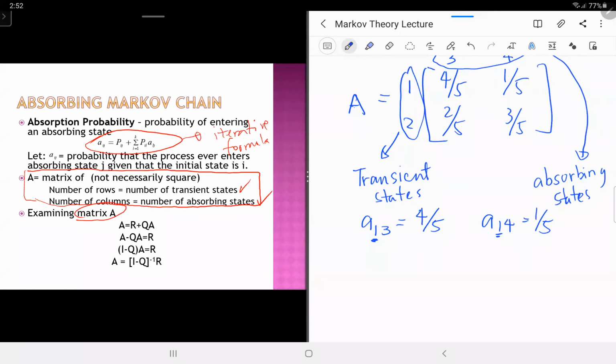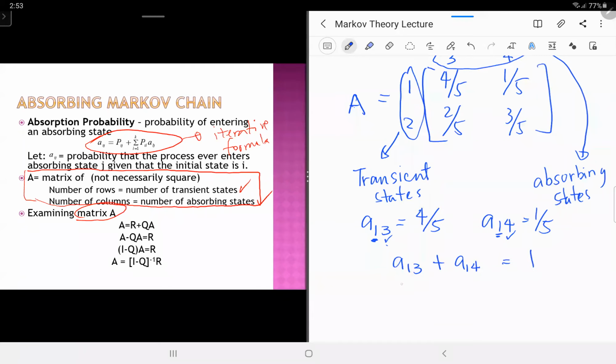It's either you get absorbed in absorbing state 3, or you get absorbed in absorbing state 4. Therefore, since there are only two possibilities, the sum of the probabilities should be equal to 1. So everything that comes from transient state 1 going to all the absorbing states should be equal to 1.